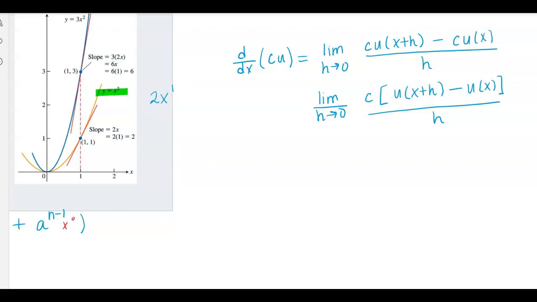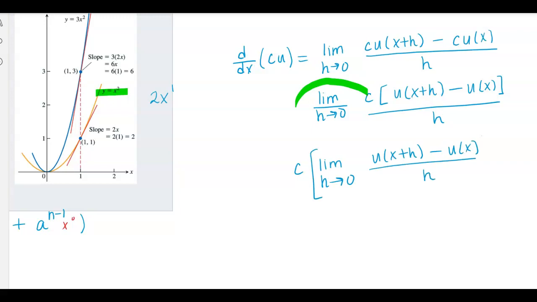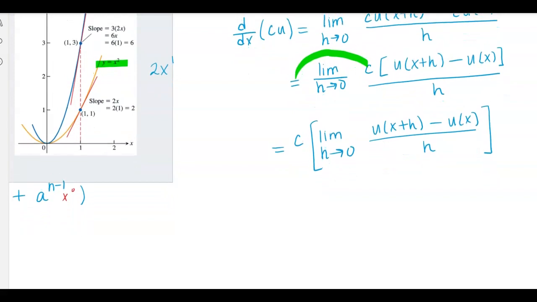And so we're going to use that same property now and take the c and pull it out to the front. So we'll have this constant multiplied by the limit, like this. And then this part here that's in brackets is just the derivative of u of x, right? So that's just du dx, and that c is being multiplied down the front.